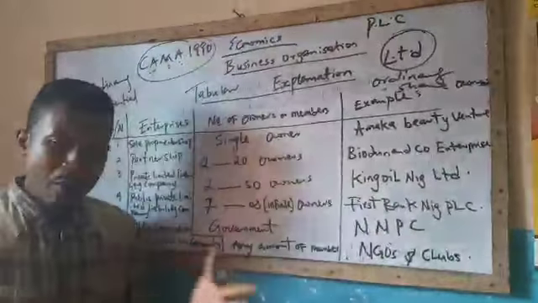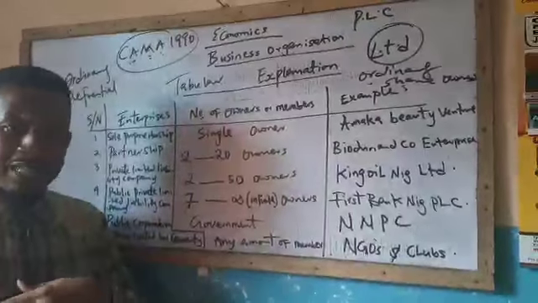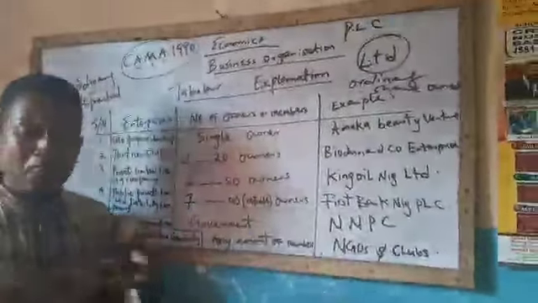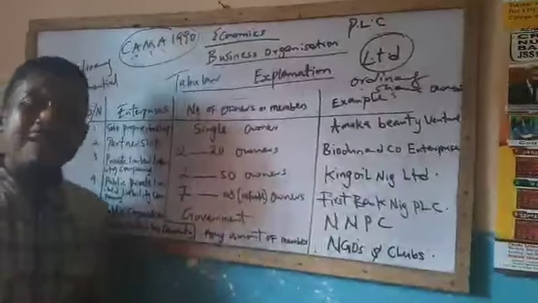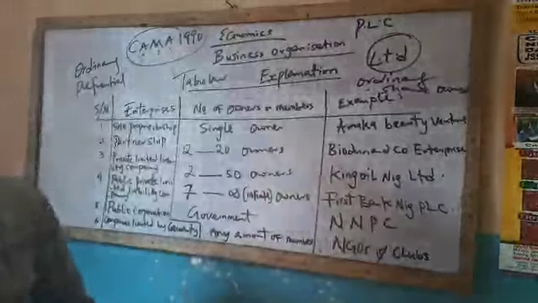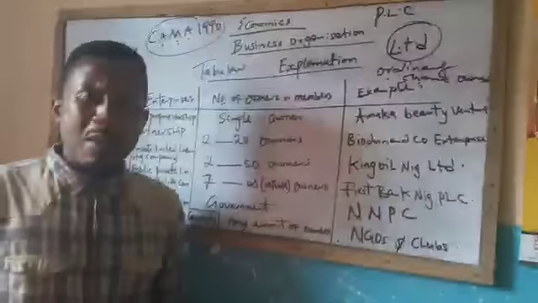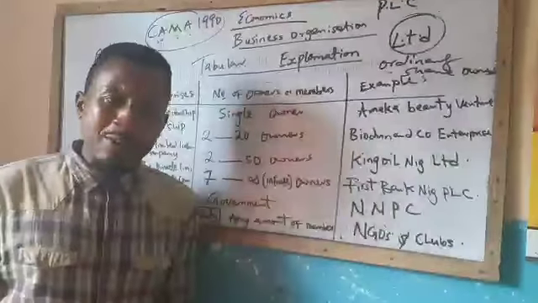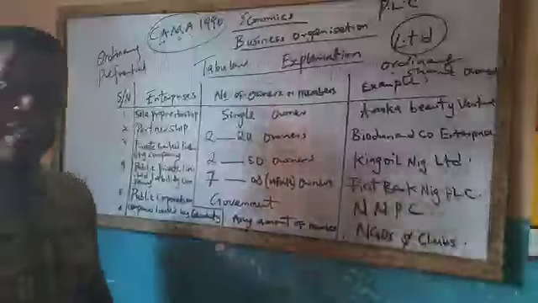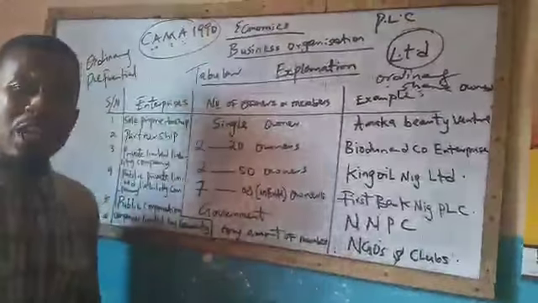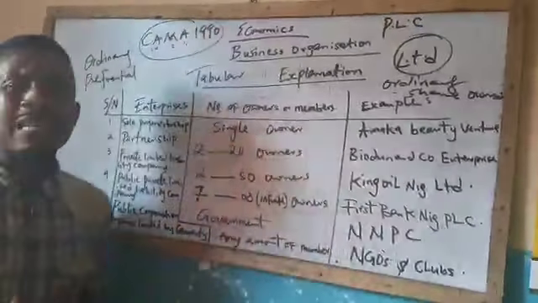People thought you buy shares and you start reaping dividend. They don't take into consideration that sometimes companies make loss. Dividend can be seized. But that is by the way. What I'm trying to say is we only have ordinary shareholders and preferential shareholders in a public limited liability company.